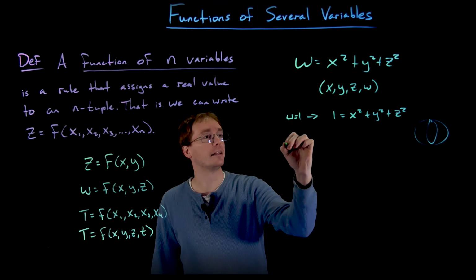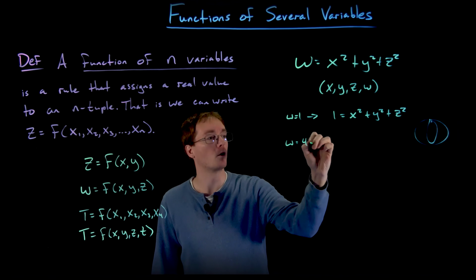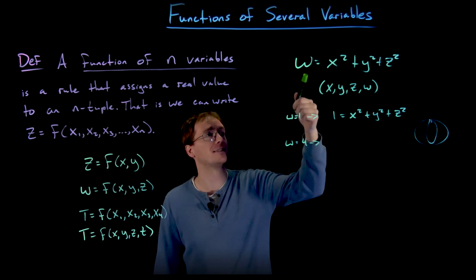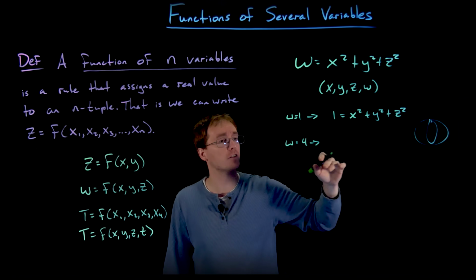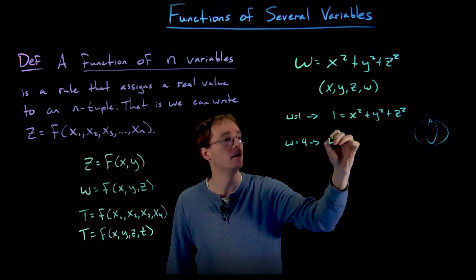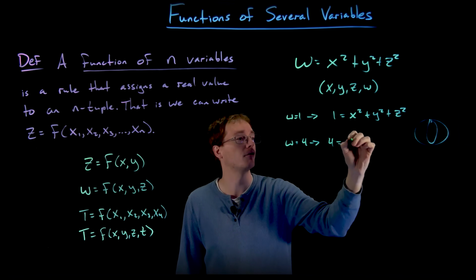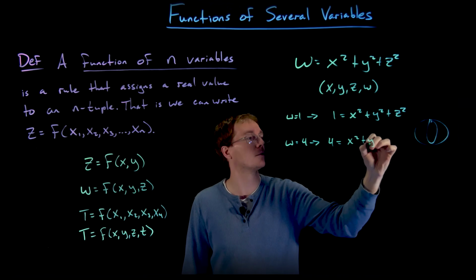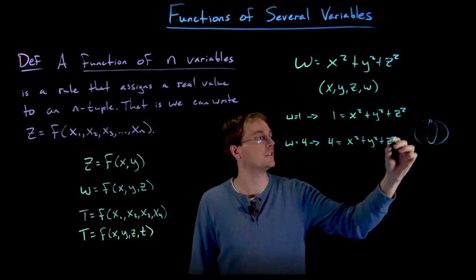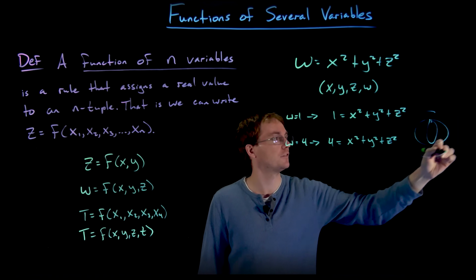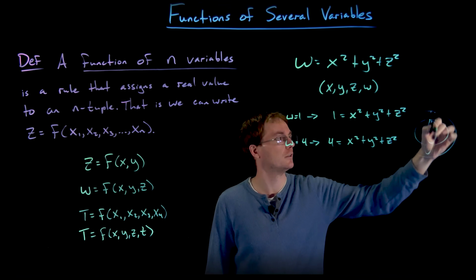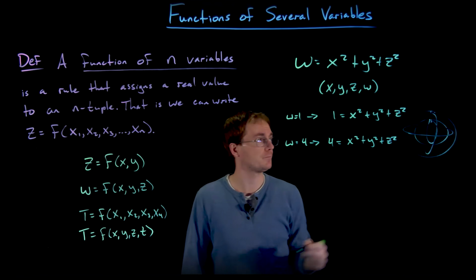We could set w equal to 4 or some other constant value. It wouldn't make sense to make it negative here because everything else is positive. If we set w equal to 4, then we wouldn't have a level curve, we'd have another level surface, 4 equals x squared plus y squared plus z squared, which gives us a sphere of radius 2 centered at the origin.